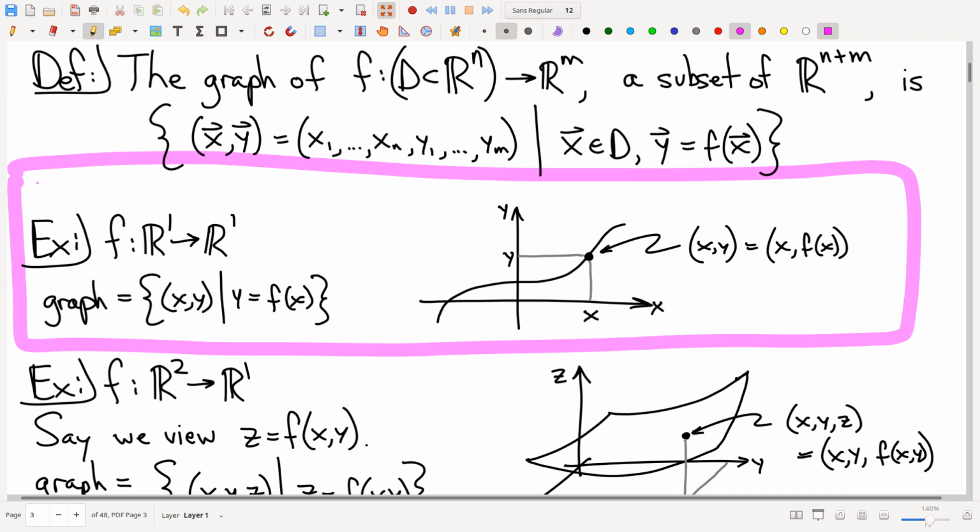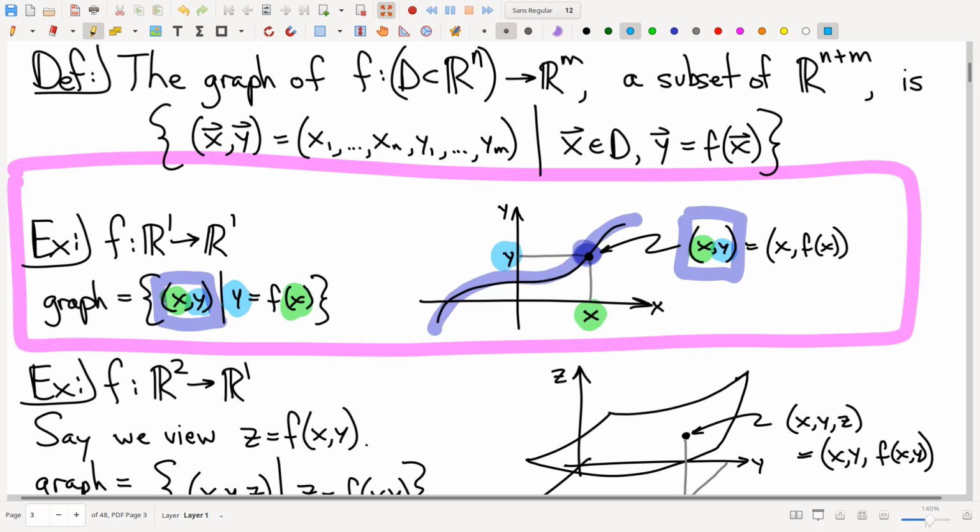The graph, this curve here, consists of a bunch of points, like so, for which the first coordinate, you'll notice, is an input value to the function. This first coordinate is what goes in, and the second coordinate is what comes out as a result.